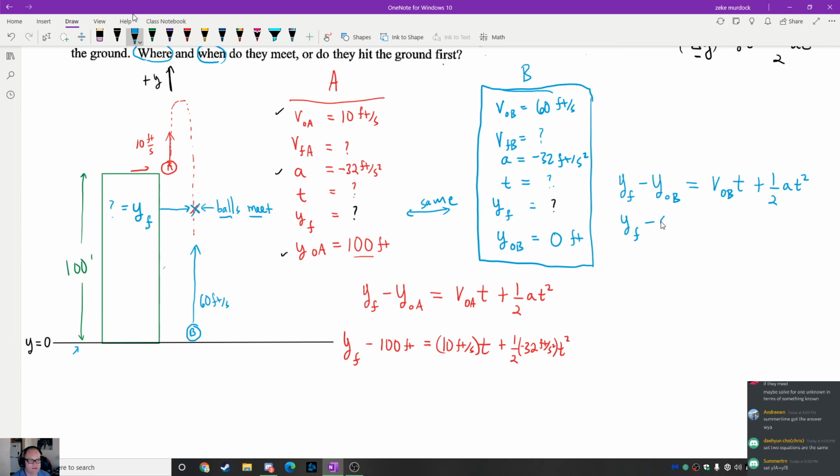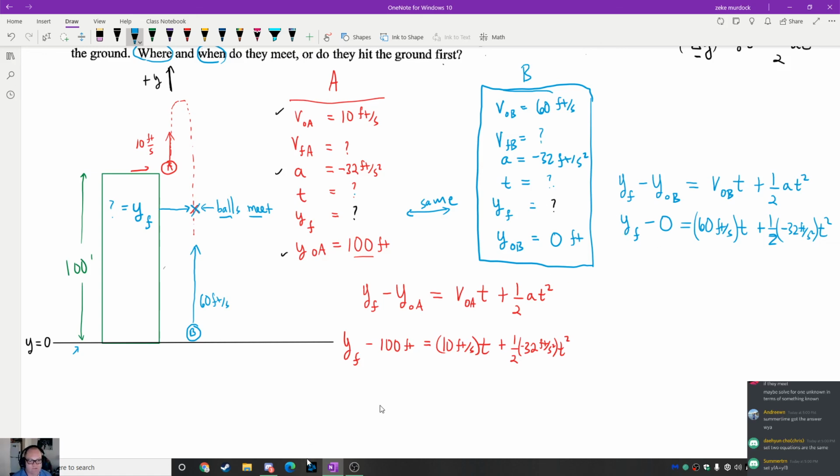Y final minus 0, because that was its initial position, is equal to V initial B, which is 60, times T plus 1/2 of negative 32 feet per second squared. I'm running out of room here. That's okay, though, because the next line will be shorter. So we get that. And now let's do some simplifications.